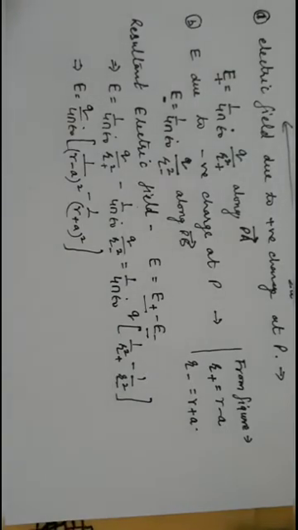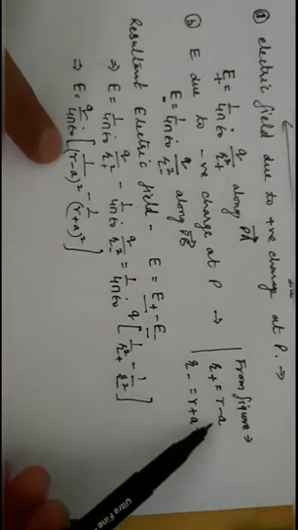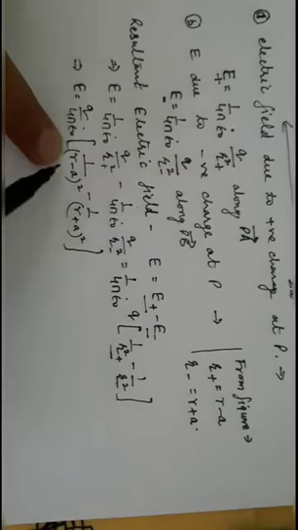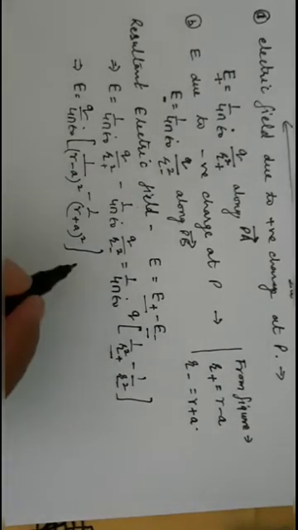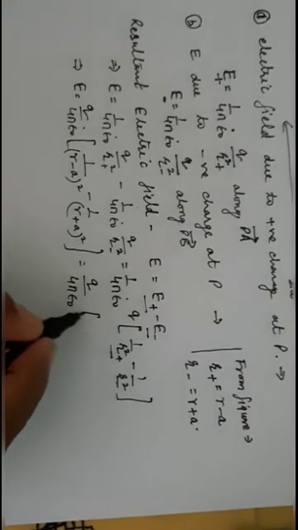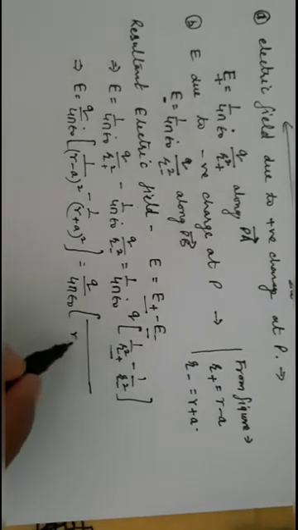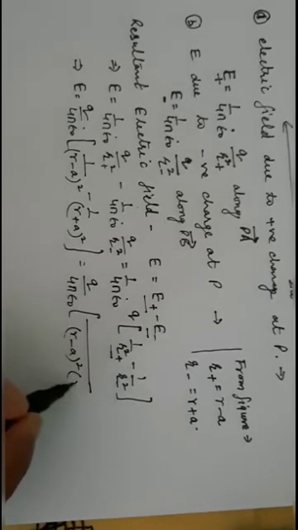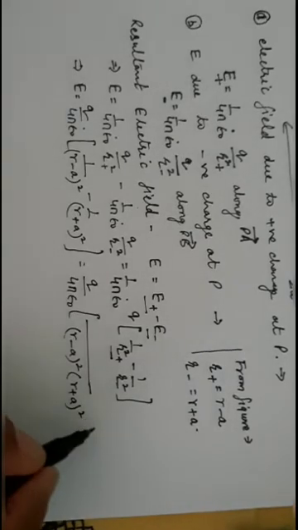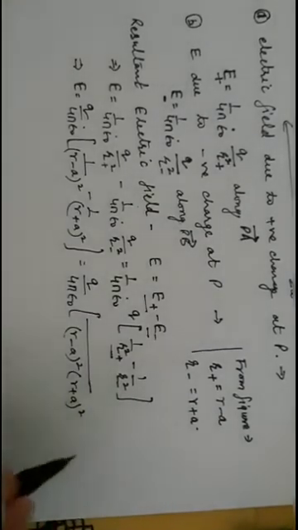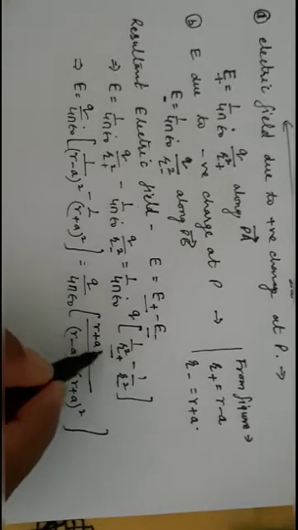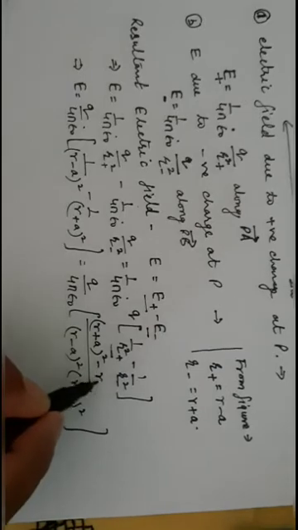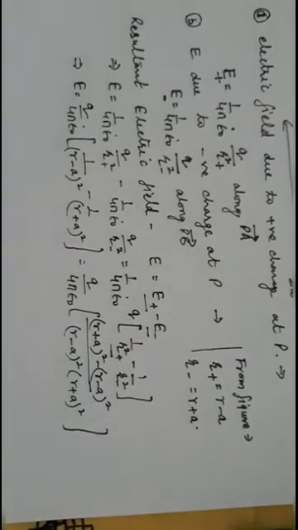So this is this much. We put the value of R positive, that is R minus A, here, it becomes squared, and R negative is R plus A squared. Taking LCM, we get this much.